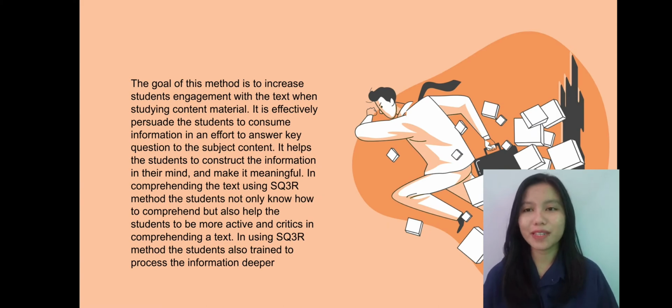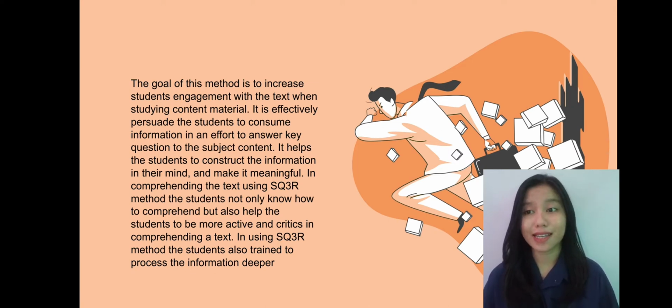The goal of this method is to increase students' engagement with the text when studying content material. It effectively persuades the students to consume information in an effort to answer questions about the subject content. It helps the students construct the information in their minds and make it meaningful.